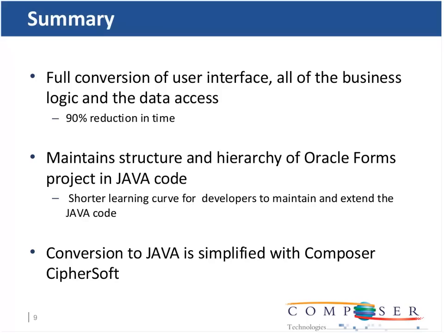So they were just perfect to create a Java class for each of these components. Great. And for those of you that don't know, George is our Director of Development for this CipherSoft product. Thanks, George.